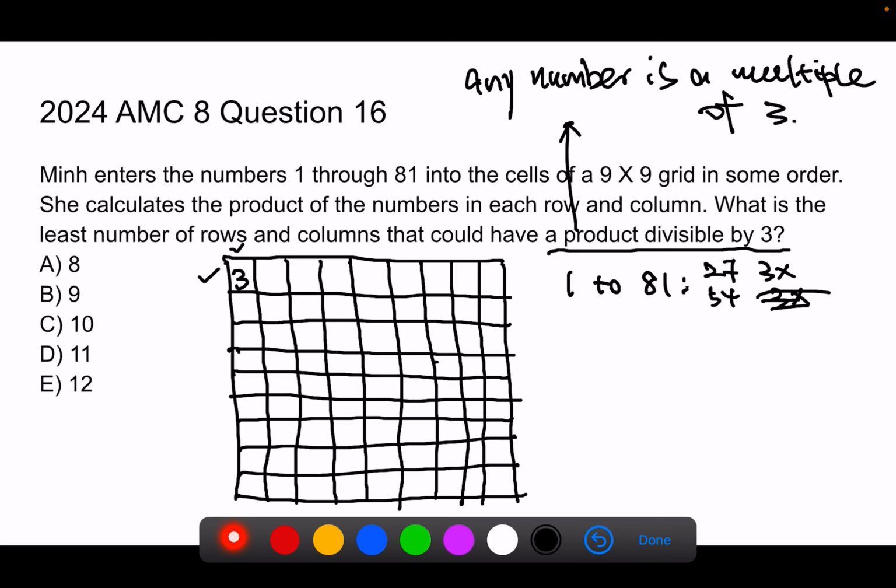However, is there any way to not increase this by 2 when you put in another multiple of 3? You probably noticed you can put it right next to this 3. If you put it there, the first row is already a multiple of 3, so that doesn't change anything. Yes, you do get one more column that is divisible by 3.